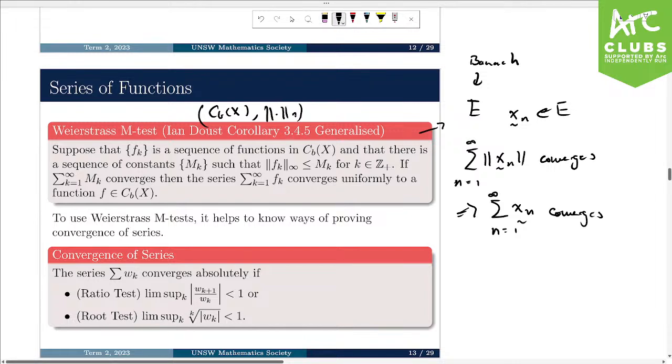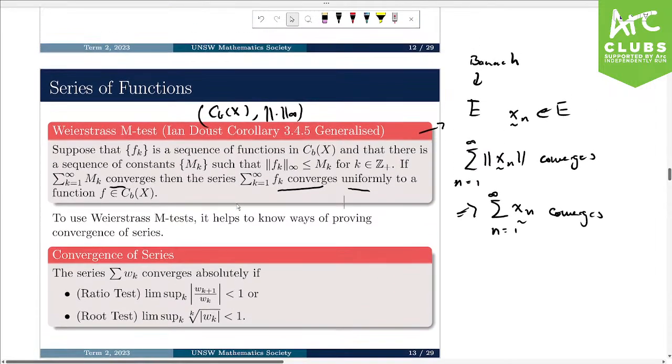I should use this notation instead. Okay, so if we have an upper bound for every single function in this sequence, and the sum of those upper bounds converges, then the sum of all the functions also converges, and it converges uniformly.